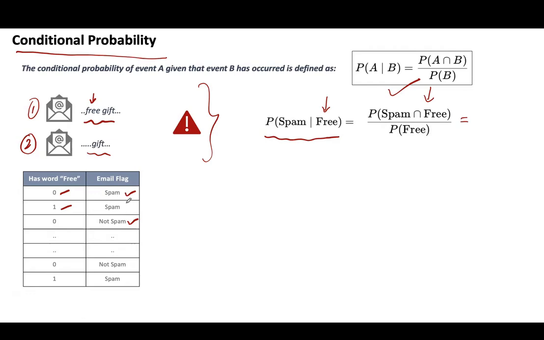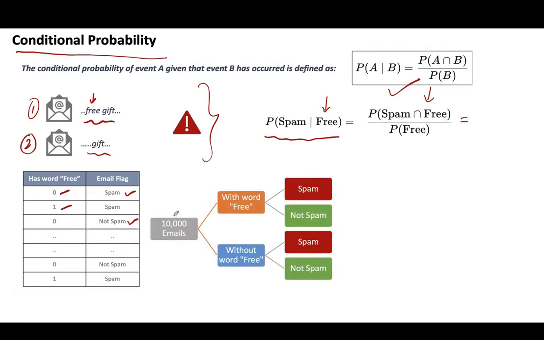So this is a table, which is how the data looks in the real world. Let's assume that these are 10,000 emails in total. The first thing we want to look at is, out of these overall 10,000 emails, how many had the word free, and how many did not have the word free.